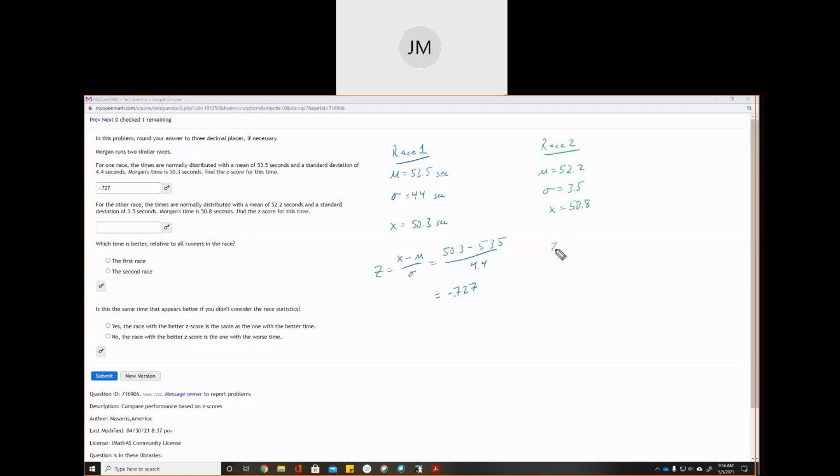So when I compute the z-score, I'm going to take 50.8 minus 52.2 and divide by 3.5. And I get negative 0.4.